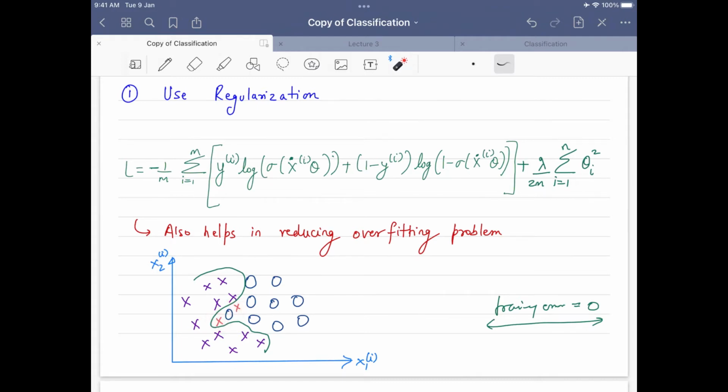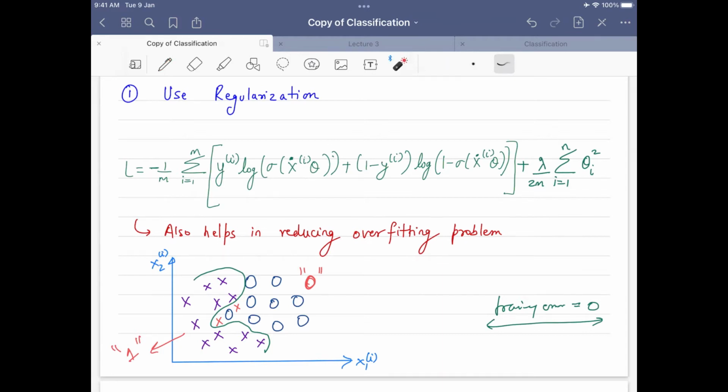But now, because the boundary is so complex, these x's, though they belong to this particular class, will be classified as 0. Let me call this the 0 class, and let me call this class 1.